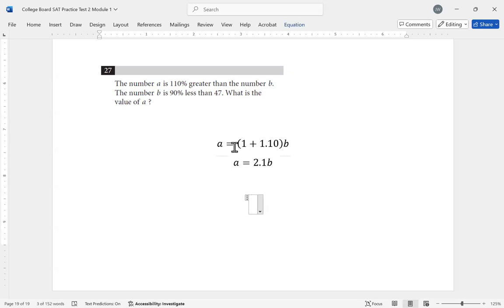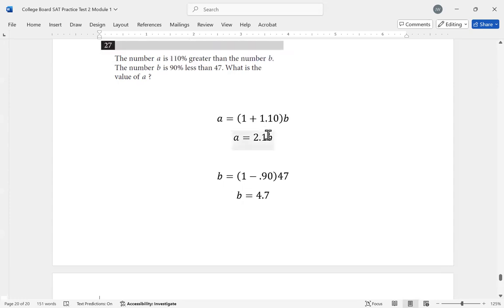And then the number B is 90% less than 47. If I take 90% less, that's 1 minus 90%, or 1 minus 0.9 times 47. So 90% less is that. And you can see that that means that B has to be equal to 4.7 when I do that calculation.